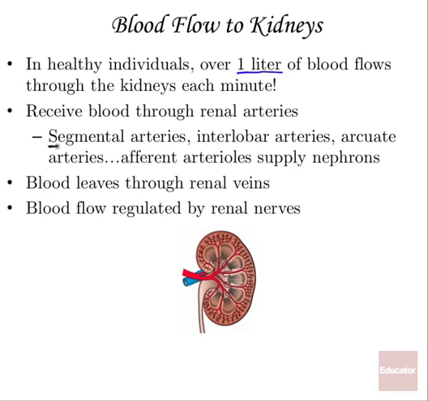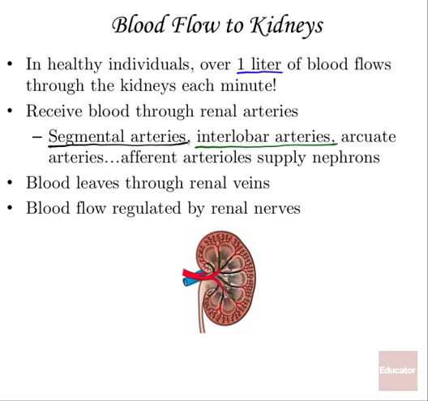The segmental arteries are right here. The segmental arteries branch off of the major renal artery into the kidney. The interlobar arteries, let me show you those. They go into each little lobe. So here, here, here, here, here.